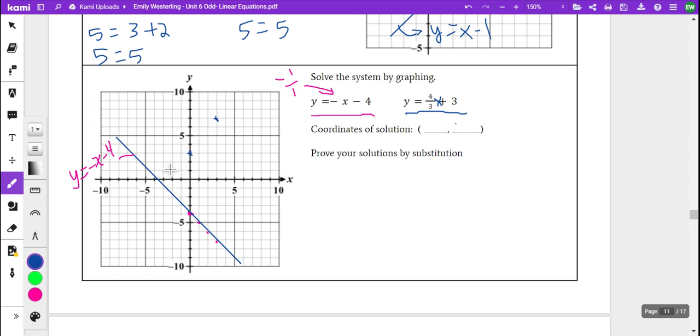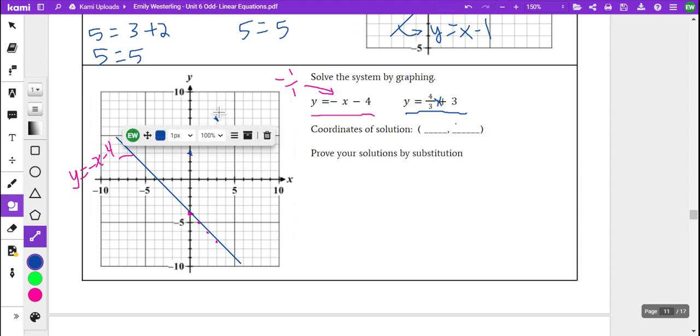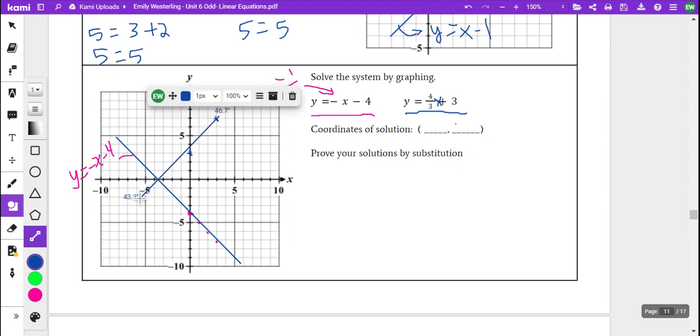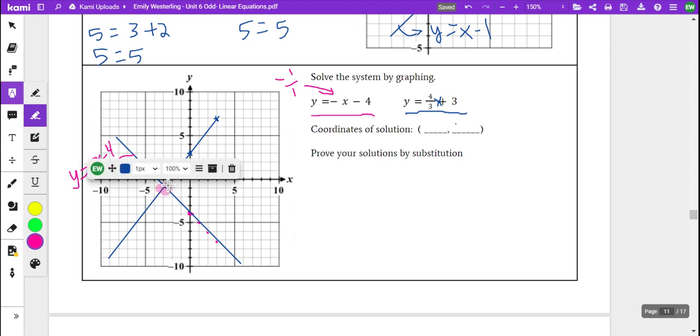I think I might be able to just do this one just fine with 2 points. I'm going to select my line first. I'm just going to try to get a nice straight line through there. And well, my intersection is not looking too good, but I think it looks like they intersect right there, right?